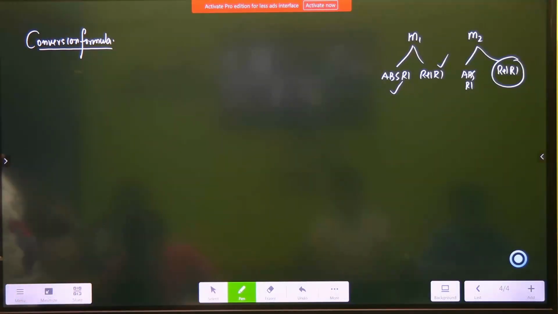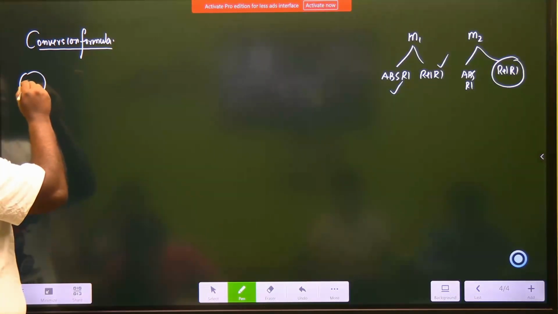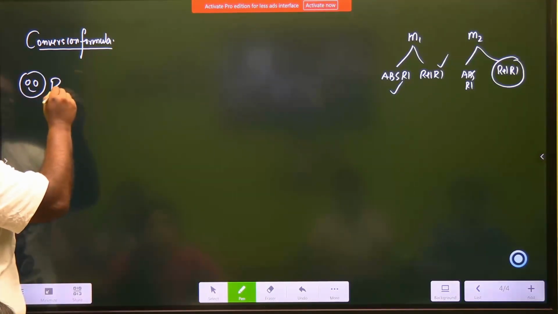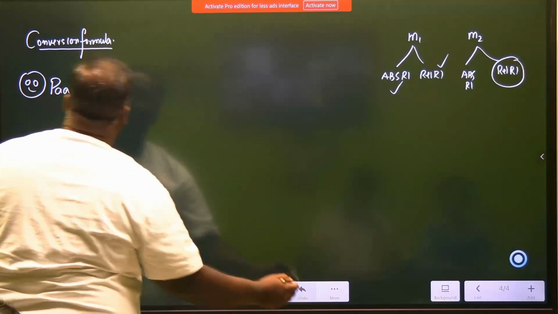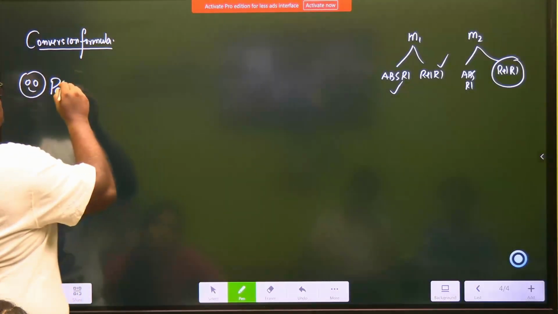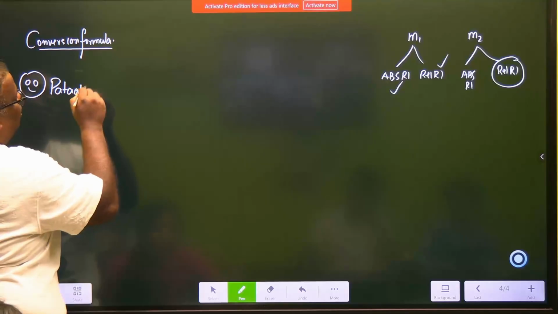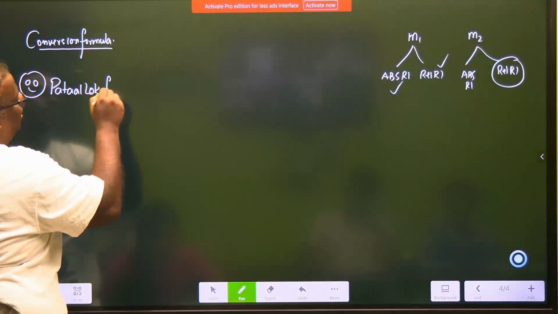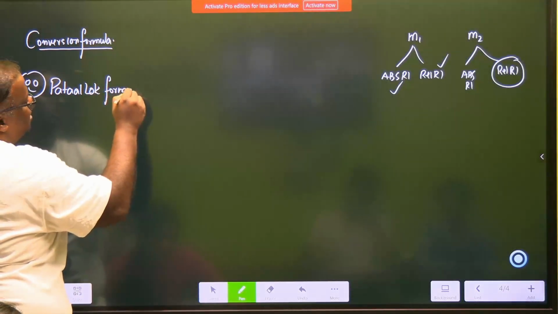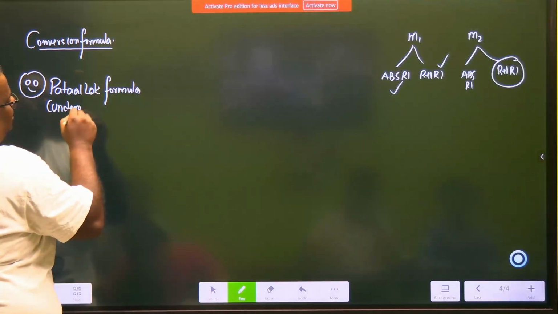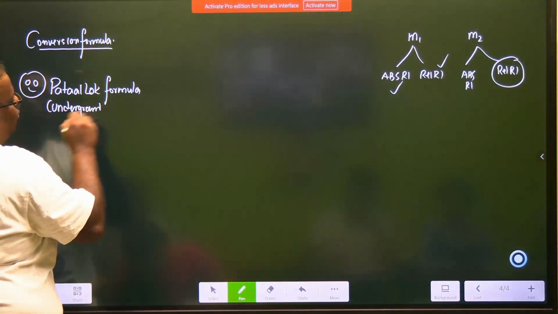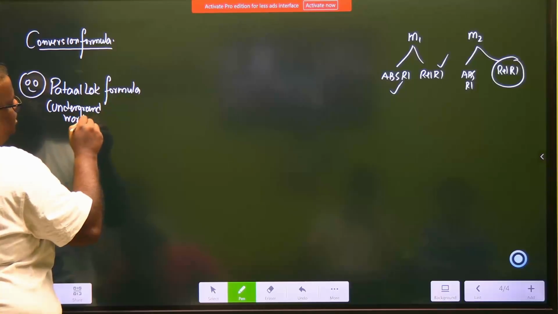Try to understand. I have named it Patal-Lok formula. What does patal mean? Underground. Underground world formula.